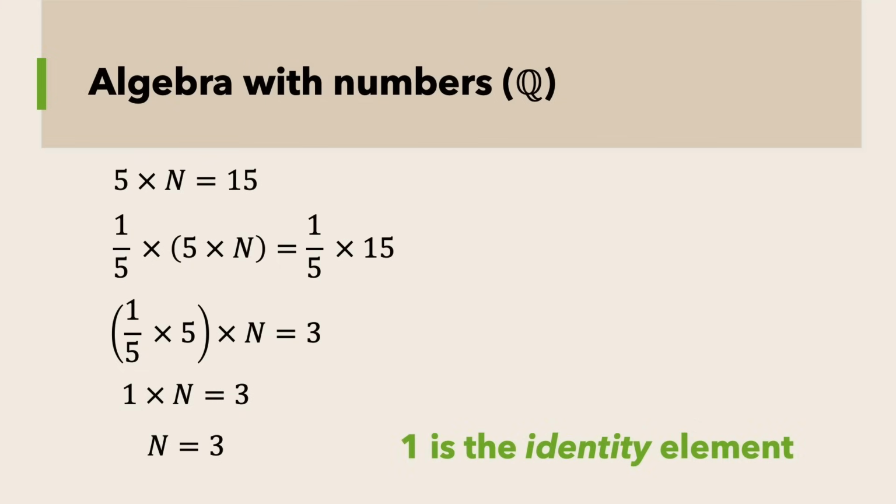That's just the name for something that has the property I talked about before, that if you multiply it by anything, you get the thing you started with. So 1 times n is always n, no matter what. That's the identity element for multiplication.